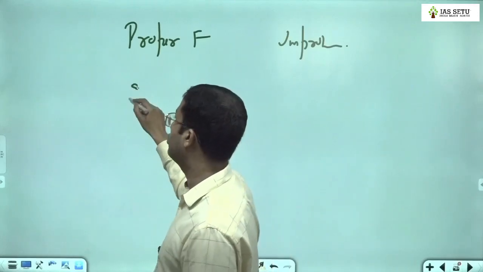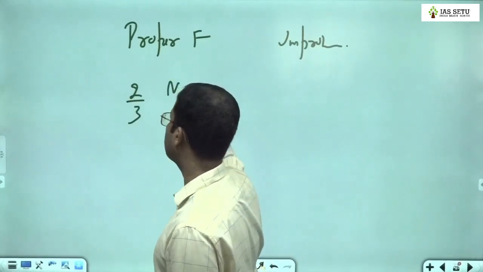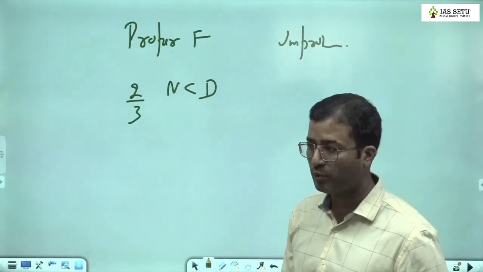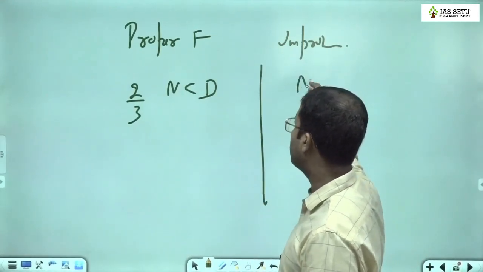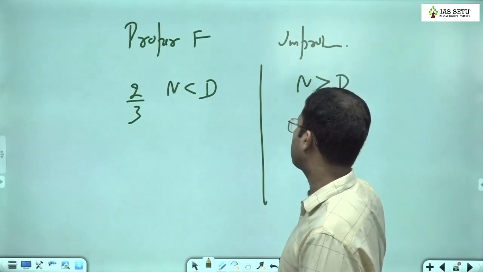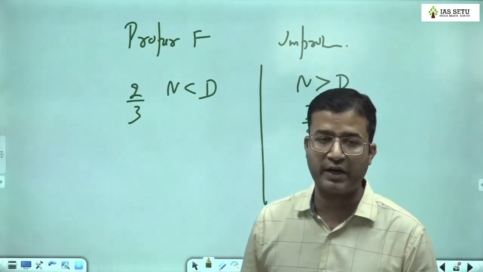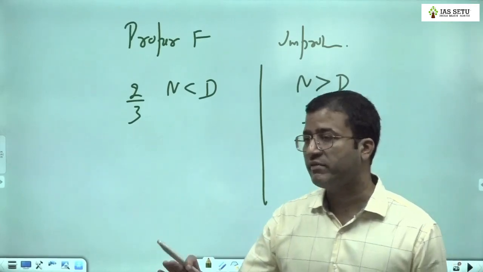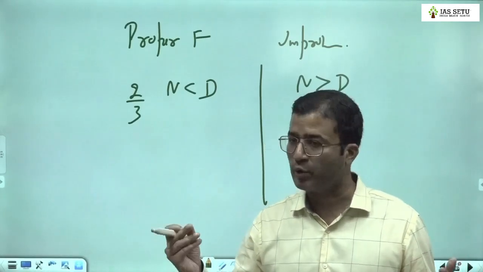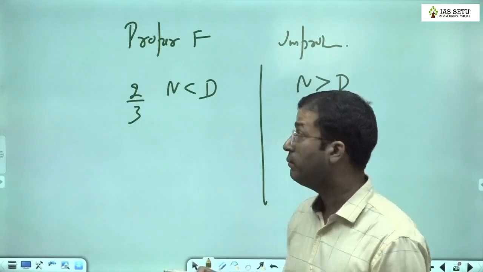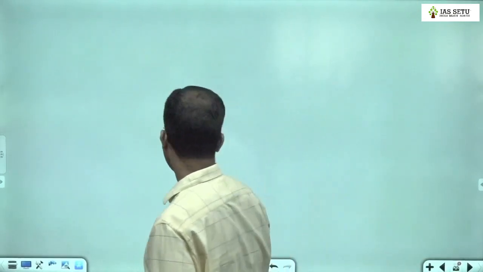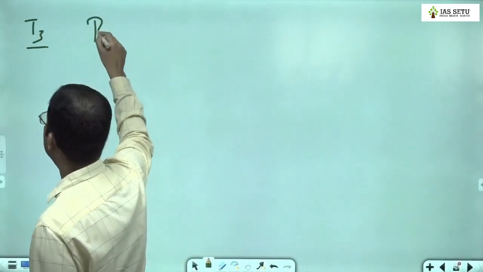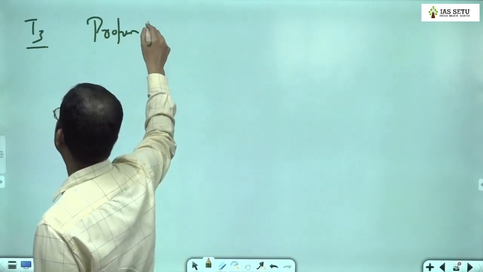Proper fraction like 2 by 3, where numerator is less than denominator. Numerator denominator से छोटा होता है उसको बोलते हैं proper fraction. If in case numerator is greater than denominator like 3 by 2, that is called improper fraction. Because type 1 and type 2 are applicable for either proper or improper, उसमें कोई issue नहीं है. But type 3 is applicable for only proper fractions. ये सिर्फ proper fraction में काम करते हैं.